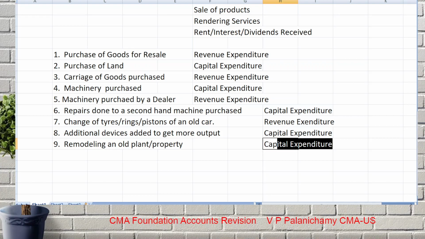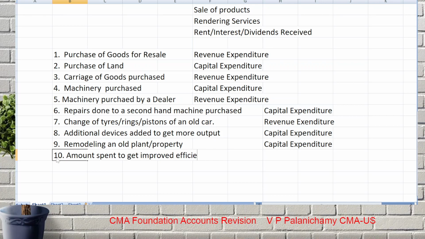Improvement. Which expenditure? Capital expenditure. Amount spent to get improved efficiency. Improved efficiency, again capital expenditure. Okay, anything that is spent for improvement is which one? Capital expenditure.